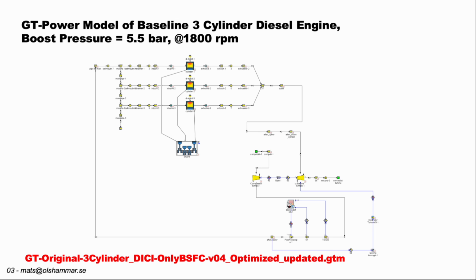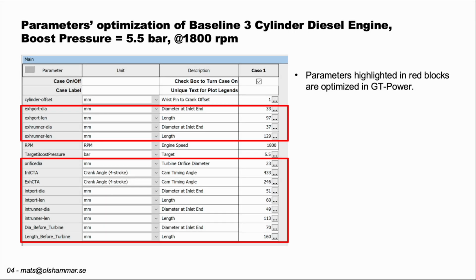Here we have the baseline engine, and you can see the 3 cylinders. And here below in the red text you have the model files that you can import yourself from the olshammar.com website. So if you have access to GT Power, you could verify these results yourself. And here are the parameters that we are optimizing in GT Power.